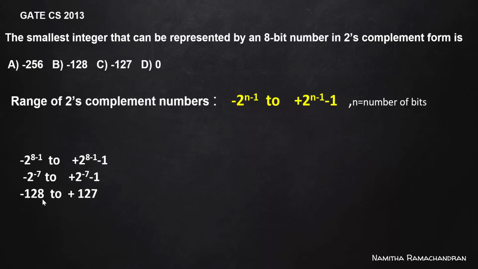That is minus 128 to plus 127. In this range, which is the smallest number? This minus 128 is the smallest number. So option B is the right answer. That is the smallest number that can be represented in 2's complement form using 8-bit. So option B is the right answer.